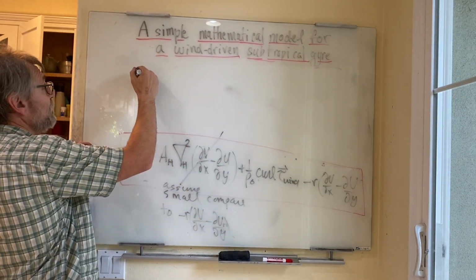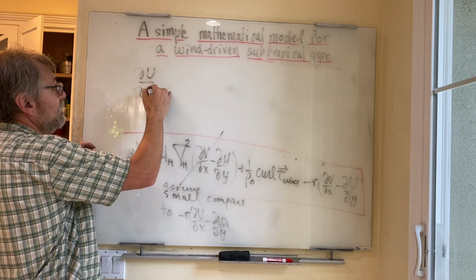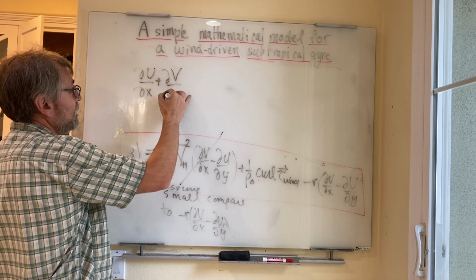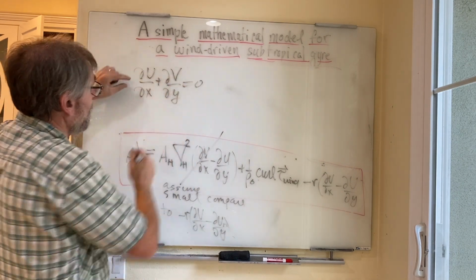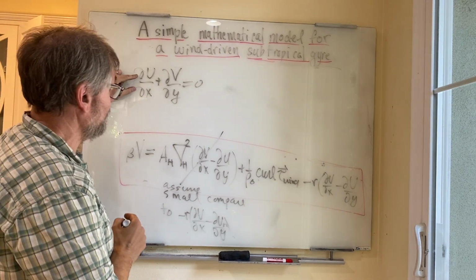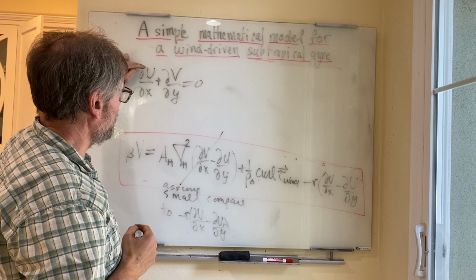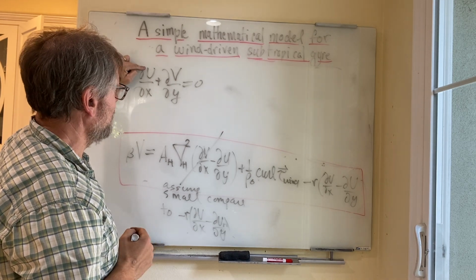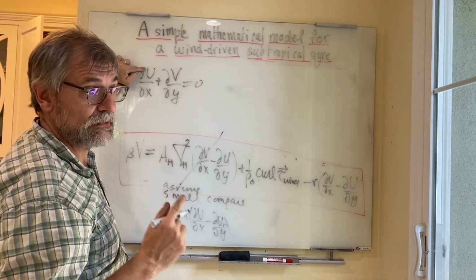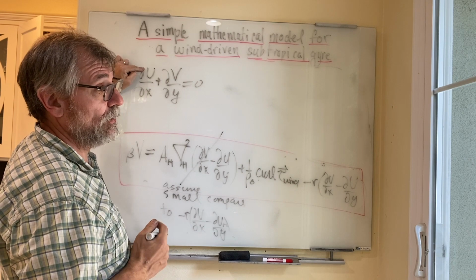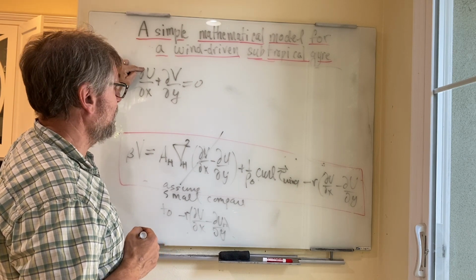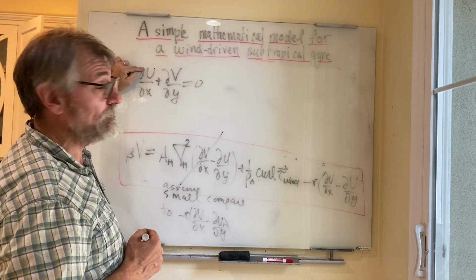Because we know that du/dx plus dv/dy is equal to 0, this is a horizontally non-divergent flow. That means that not any velocity field can be used, only those that have no divergence horizontally. And an easy way to construct a flow field that is horizontally non-divergent is to introduce what's called a stream function.